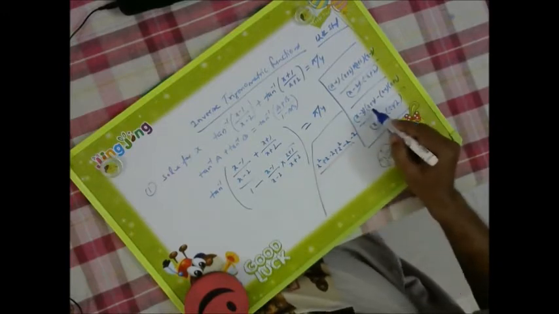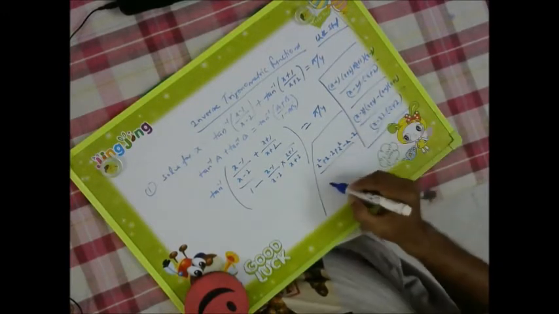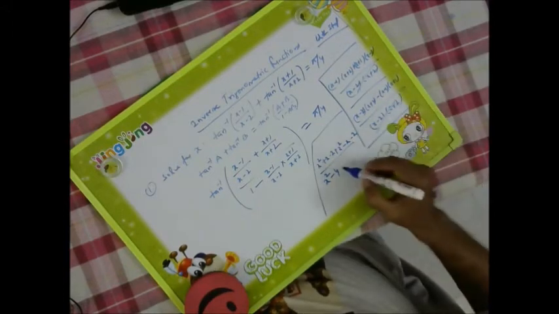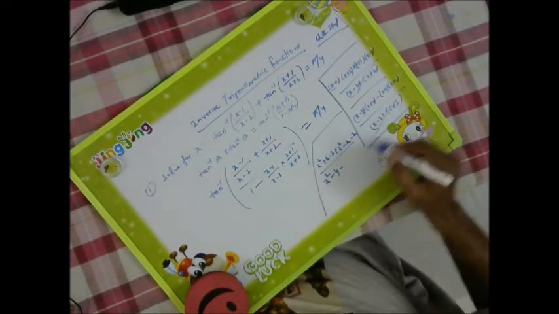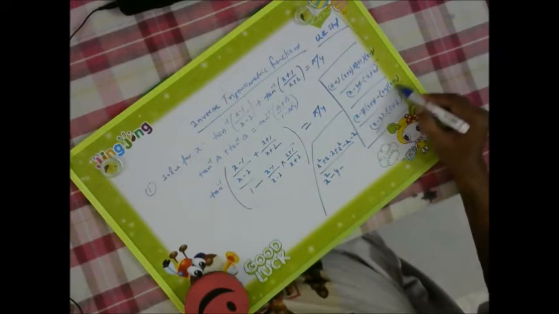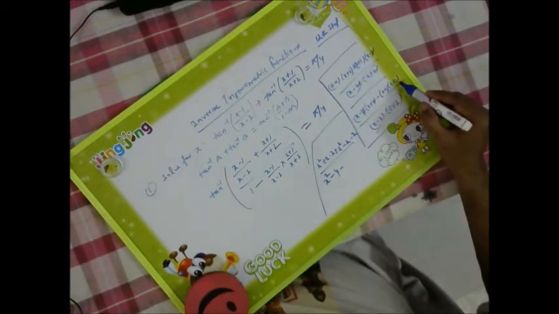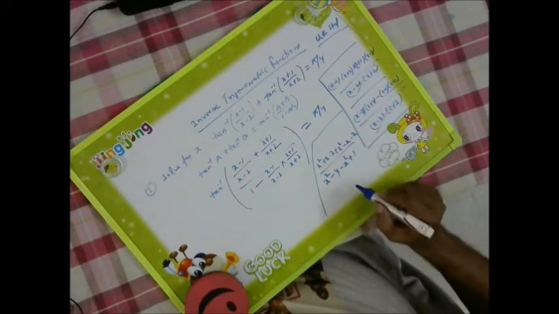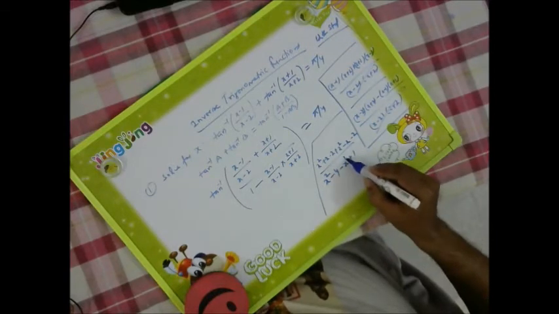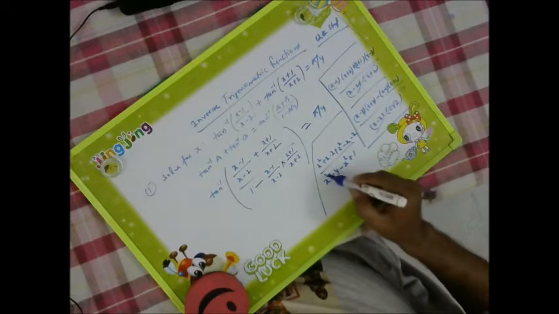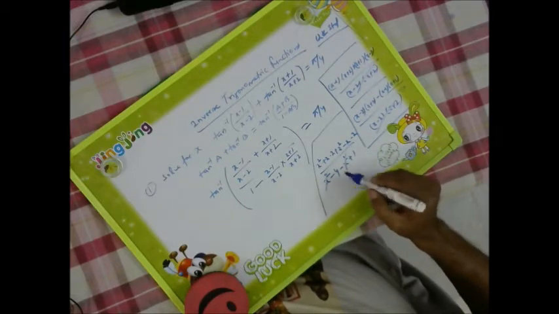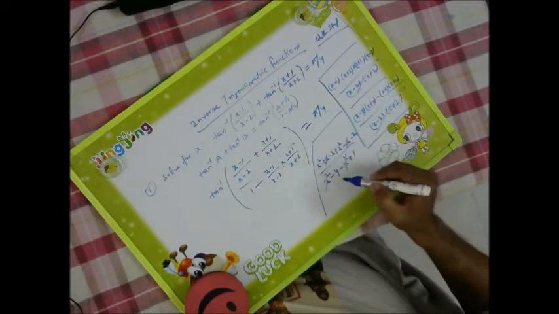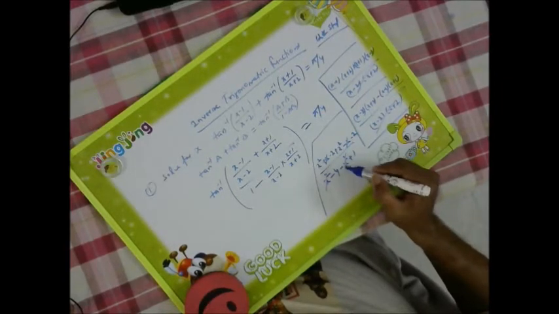The denominator, using the a minus b into a plus b formula, becomes x square minus 4, and on this side it becomes minus, with x square minus 1, so minus x square plus 1. Here the x square will get cancelled, and moreover plus x and minus x will get cancelled, right?